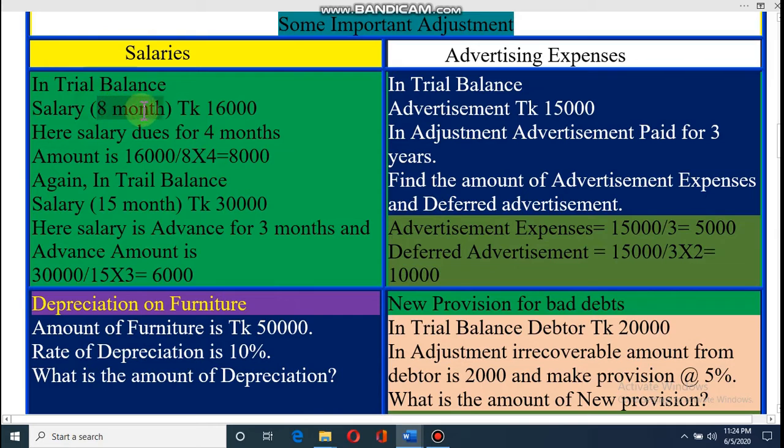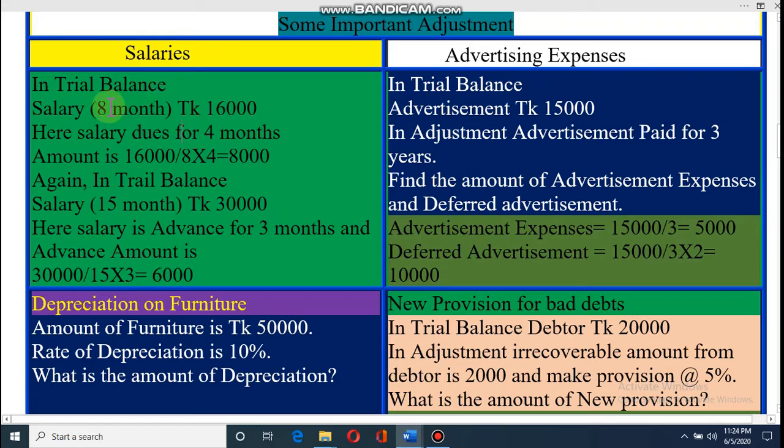It is given salary 8 month. You know that 1 year equals 12 months. That means out of those 12 months it is given for 8 months. That's why I am telling you that salary is due for 4 months. I hope you can understand.